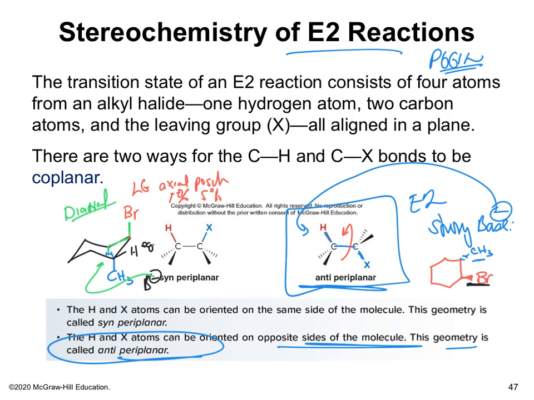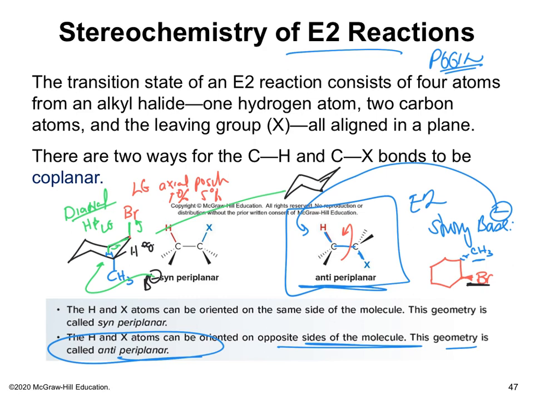The beta hydrogen and the leaving group need to be diaxial to each other. Those electrons will go, and in that case, you won't get your Zaitsev's product, which is the more substituted.